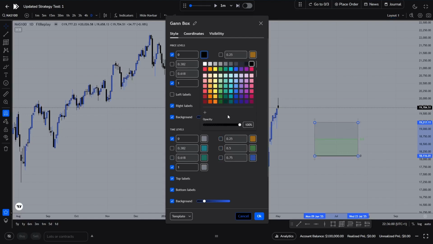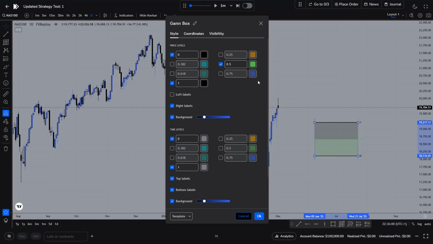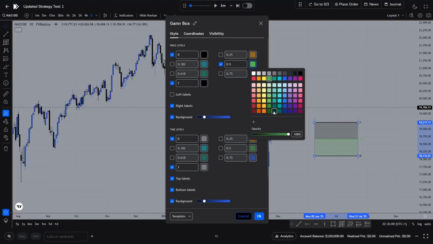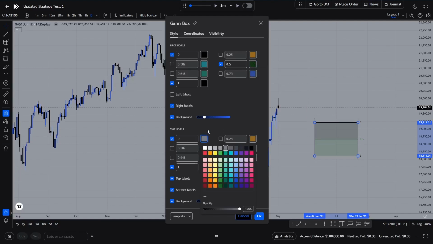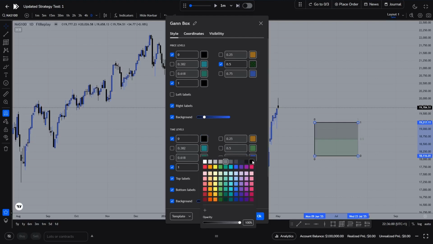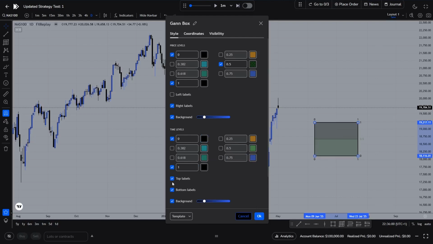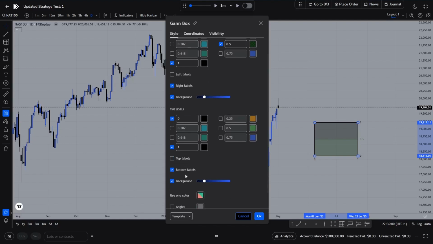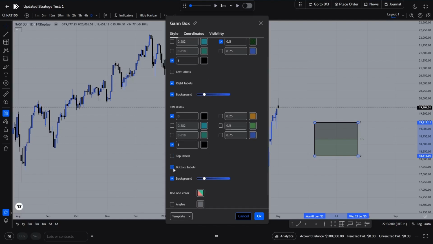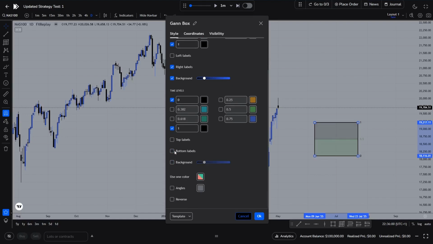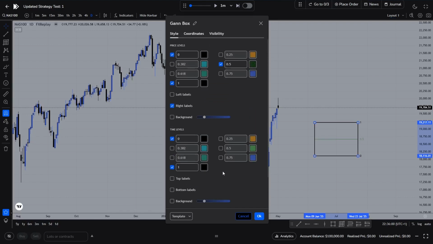Make that green, lighter, black, and black. Get rid of that background, and that's it. Yeah, that's good enough.